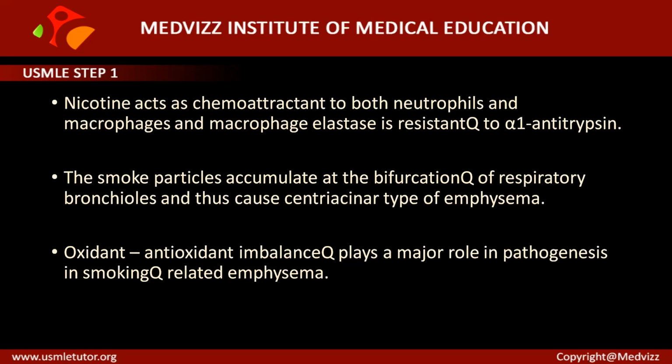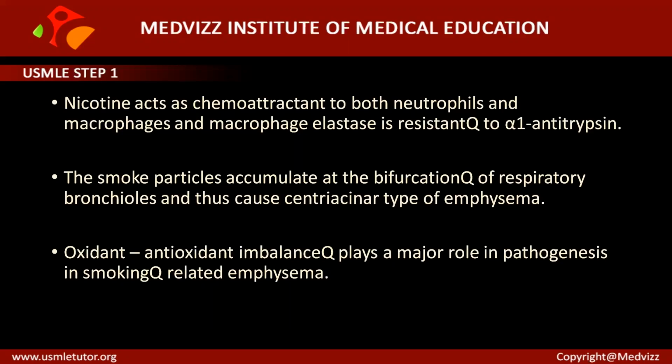So all the 3 points you need to remember for pathophysiology. One is nicotine, which is a chemoattractant for both neutrophils and macrophages, and macrophage elastase is resistant to alpha-1 antitrypsin, which is one mechanism. All coexist, remember, in this type of emphysema. It is not that individually each is the risk factor. All together can cause severe emphysema.